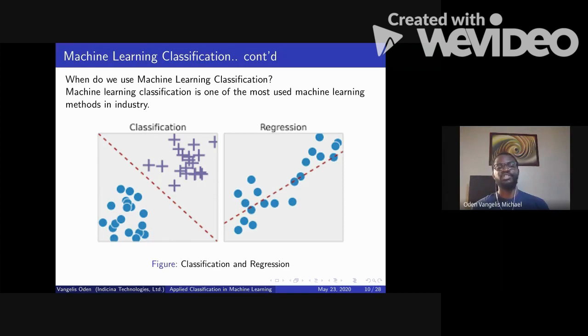I would then get those same features and try to predict what bucket the price of the car should fall into. But in regression, I will be trying to predict the exact amount that car should be sold for, right? So you can see the clear difference between both of them. In classification, on the left, I'm trying to predict what class something belongs to. And in regression, I'm trying to predict a continuous valued output for a particular input, right?